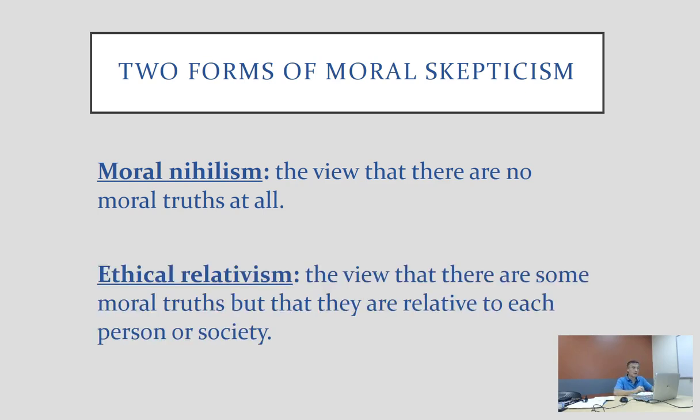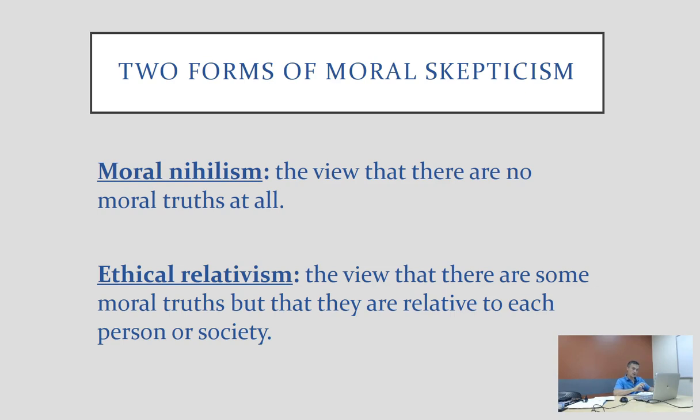The other form of moral skepticism, then, is ethical relativism. This is the idea that there are moral truths, but they're relative to each other in some way, whether relative to each person or relative to different cultures or societies. So we're going to look at that as well.